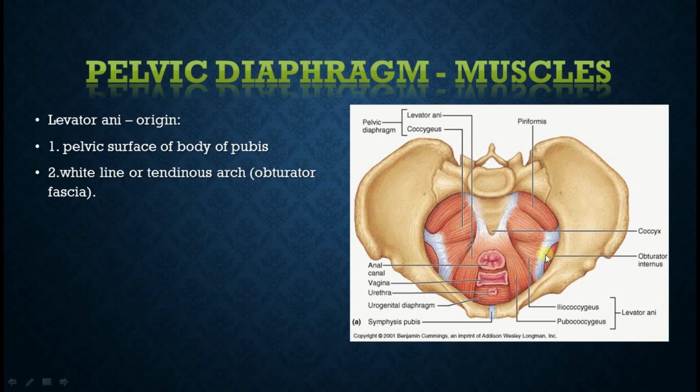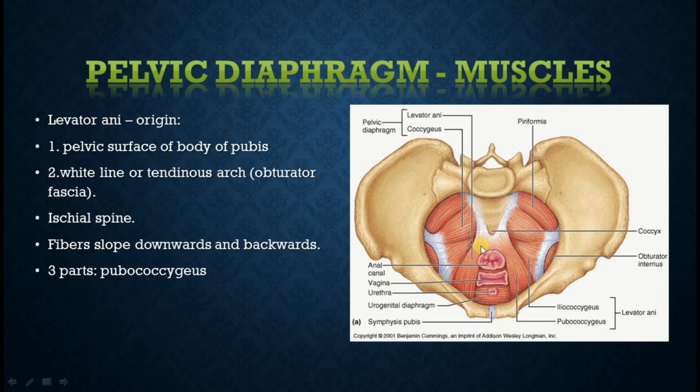The levator ani has actually migrated from a higher level to a lower level because of weight bearing, and its original attachment is the tendinous arch of the white line. So levator ani arises mainly from the pubis, tendinous arch, and ischial spine, and the fibers slope downwards and backwards.